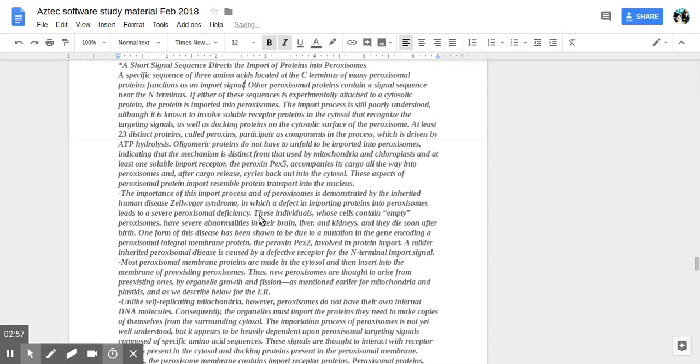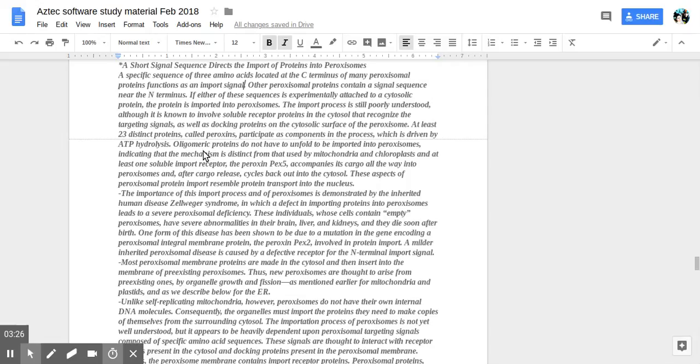Continuing on, a short signal sequence directs import of proteins into peroxisomes. Proteins and enzymes used in the peroxisomes. A specific sequence of 3 amino acids located at the C-terminus of many peroxisomal proteins functions as an import signal. Other peroxisomal proteins contain a signal sequence near the N-terminus.